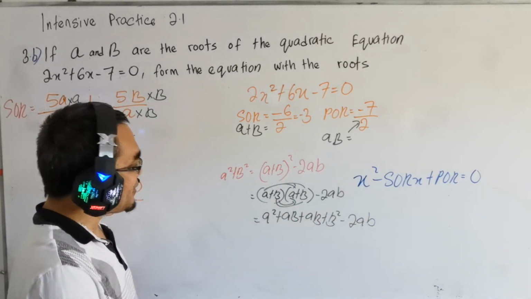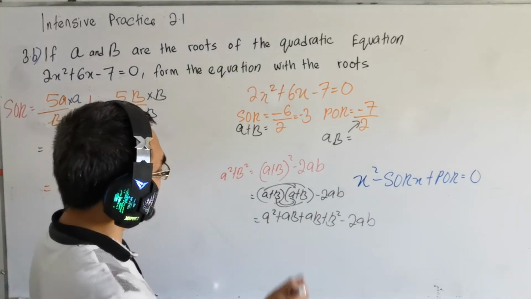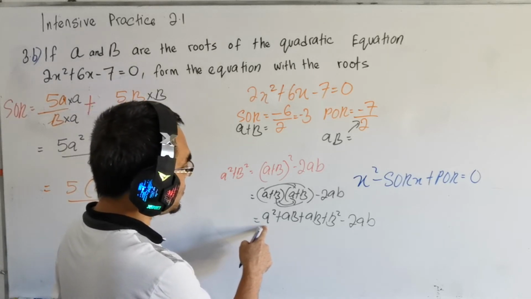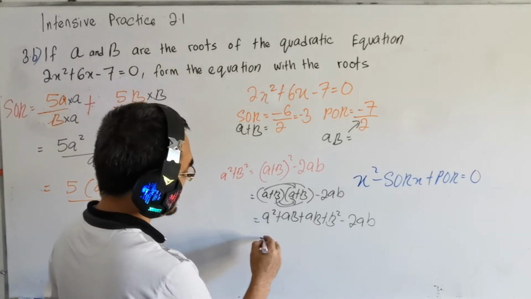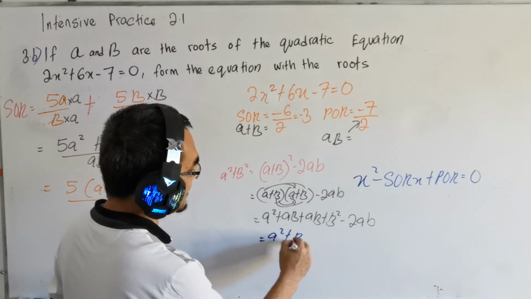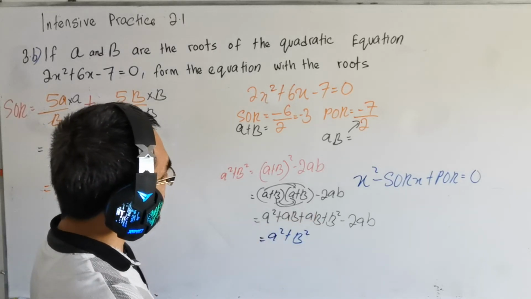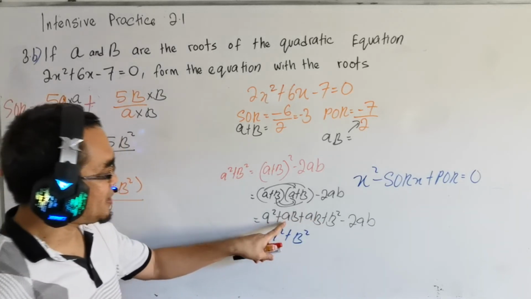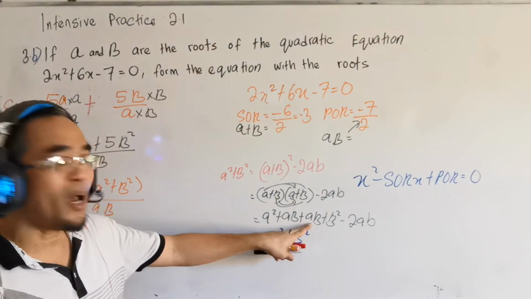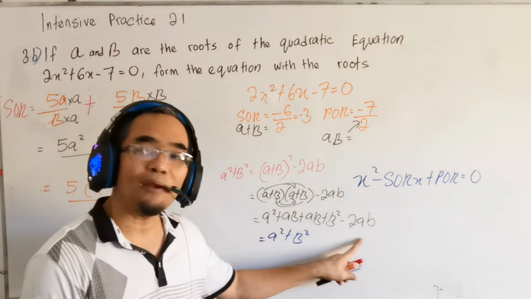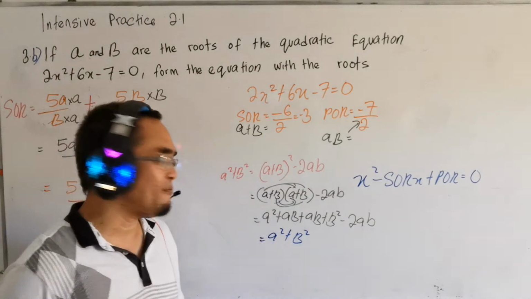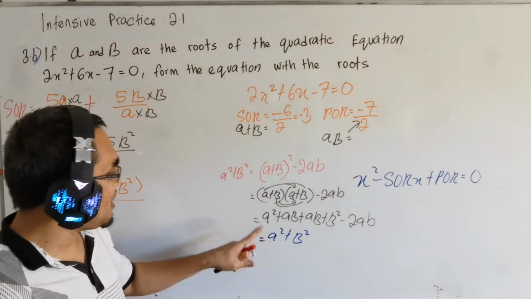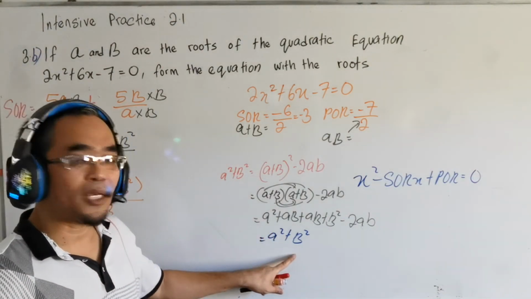So simplify that. We have here alpha squared plus beta squared. Where are the others? Because 1 alpha beta plus 1 alpha beta minus 2 alpha beta is 0 alpha beta. So alpha squared plus beta squared.